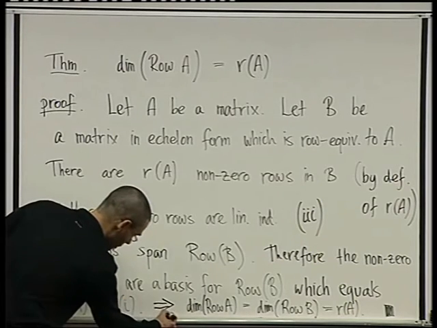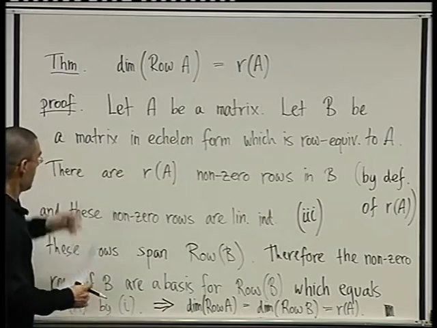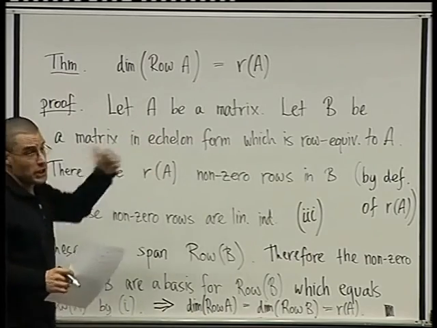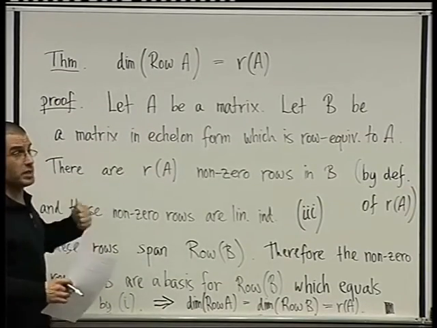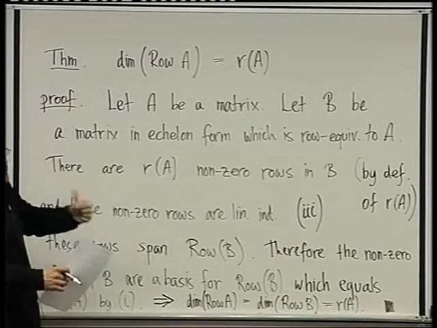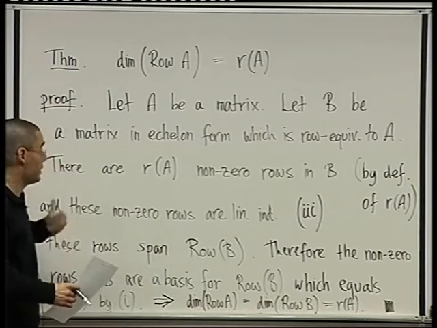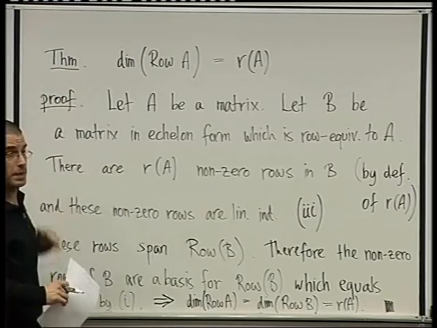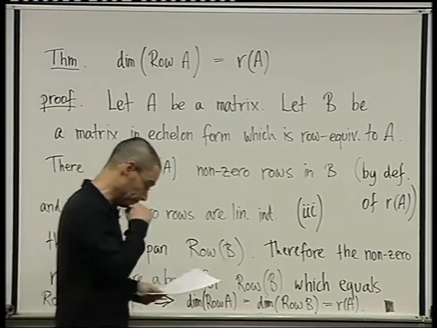Good? Everybody follow the details? Okay. So R of A, which was originally defined as the non-zero rows in the echelon form derived from A by row operations, is in fact the dimension of the row space of A. Okay.